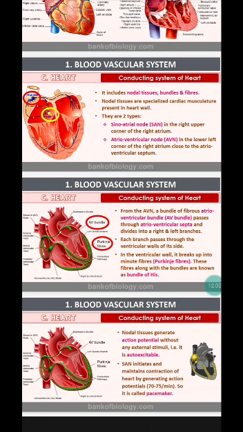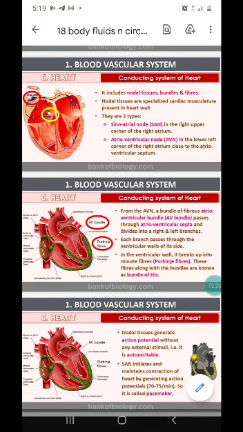The contraction of the heart, whether atrium or ventricle, is called the systole, and the expansion, relaxation, is called diastole. Systole and diastole. The contraction is called systole. The relaxation of the heart is the diastole.